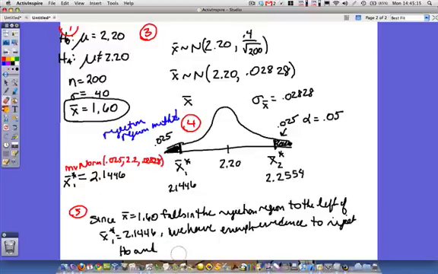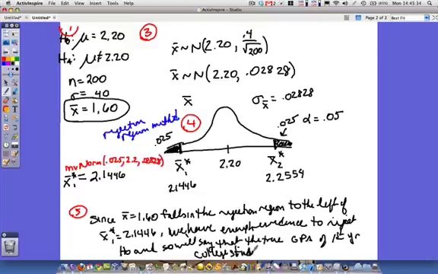And so we'll say that the true GPA of first year college students is not 2.20.